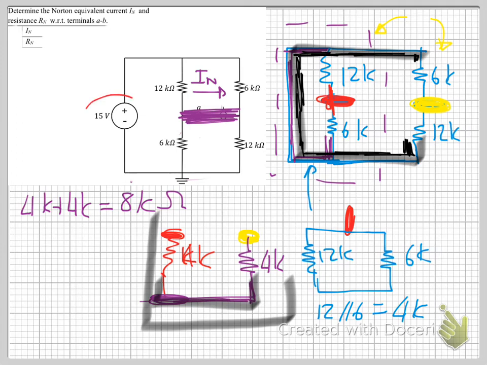So first of all, this voltage source makes current, and this current is going to divide perfectly between these two branches, right, going like this, okay? So we're going to have our current here, we're going to just call it I1, okay? So I1 gets to this point, right? At this point, I1 splits into I2 and I of Norton.